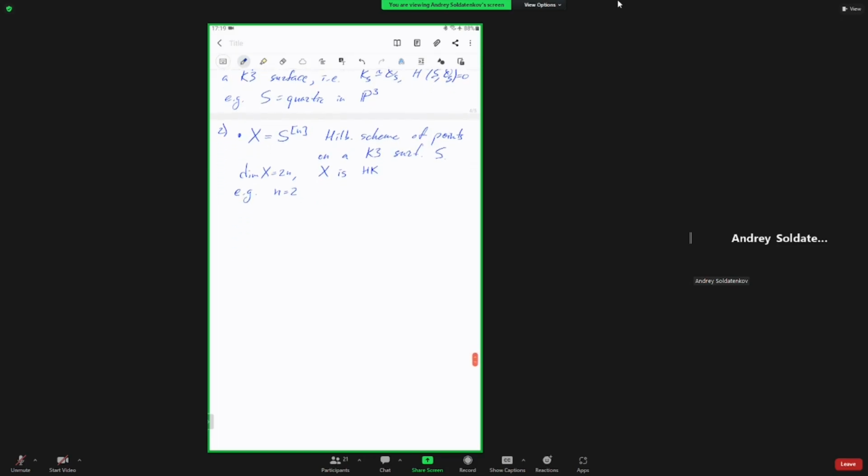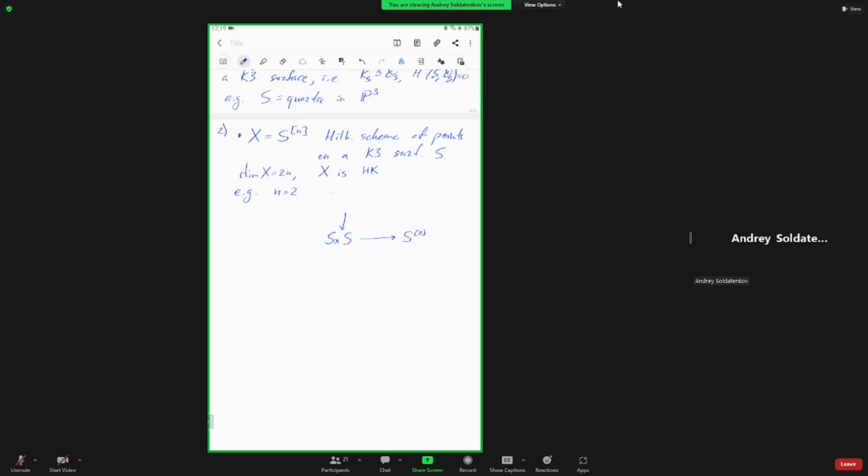So, for example, let's look at the example of n equals 2. We take S times S, and then we can just take the quotient by the action of the involution that permutes the two factors, and then we get the symmetric square of S. And this symmetric square admits a resolution. How to get a resolution?